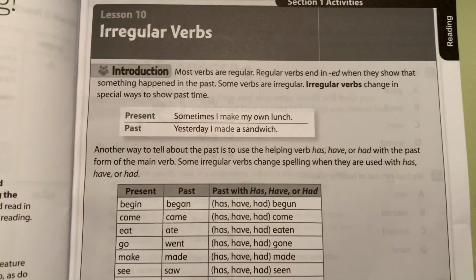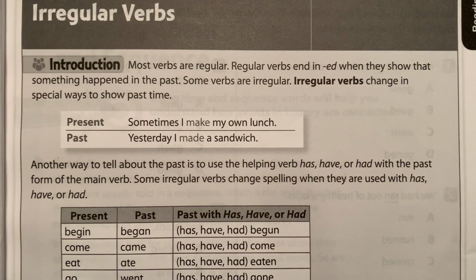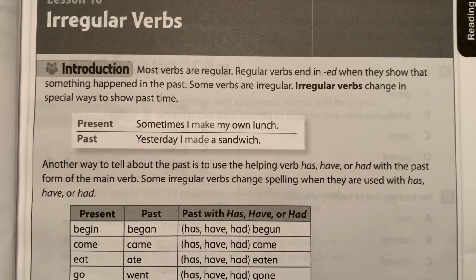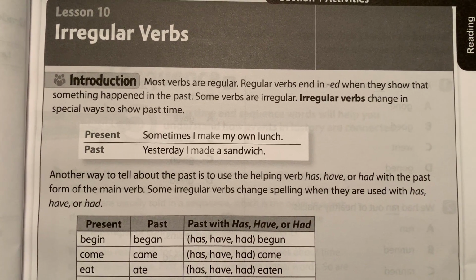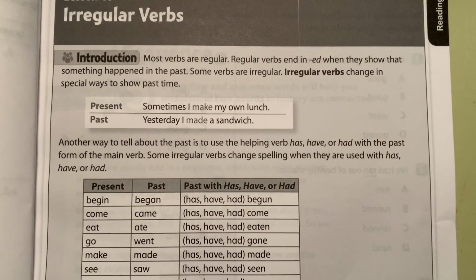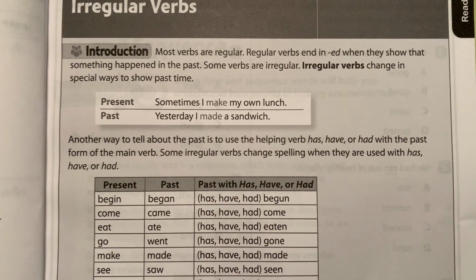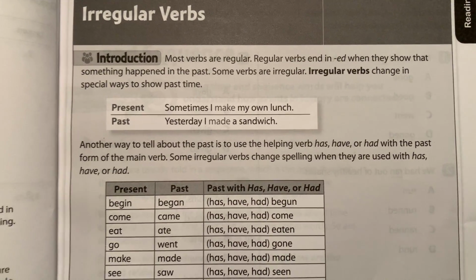So let's find out what they're talking about when they mean not regular. In the introduction, they say most verbs are regular. Regular verbs end in ED when they show that something happened in the past. Some verbs are irregular. Irregular verbs change in special ways to show past time.